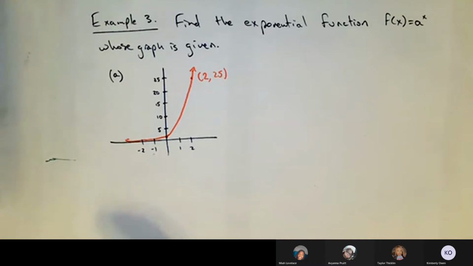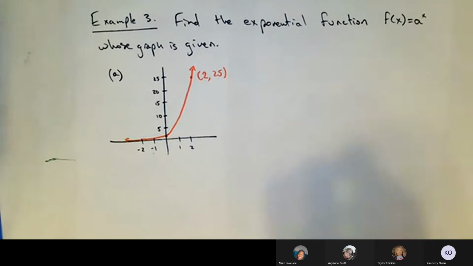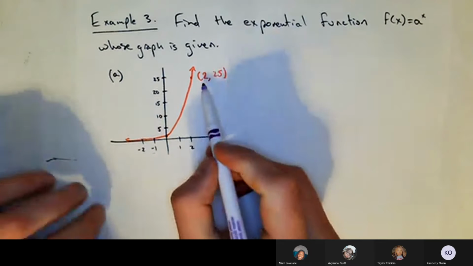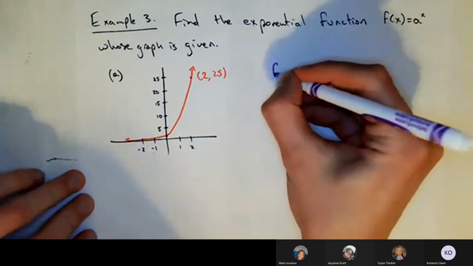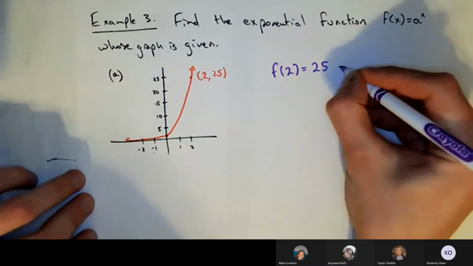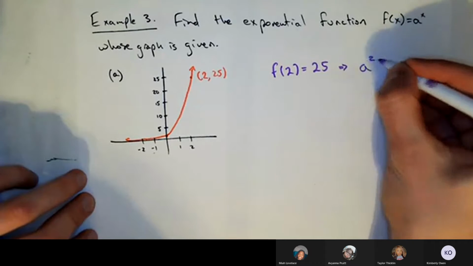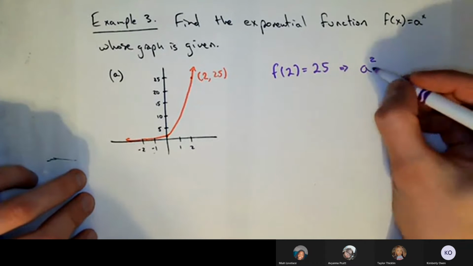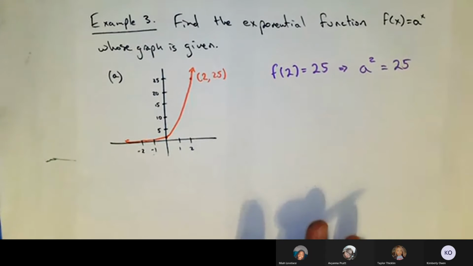So I'm trying to find what this exponential function is. In other words, I want to be able to write down f of x equals something raised to the x. So how can I figure that out? Well, if I know the input at 2 is 25, then what I know is that f of 2 is equal to 25. That's the same as saying a raised to the 2, an input of 2, I don't know a, is equal to an output of 25.